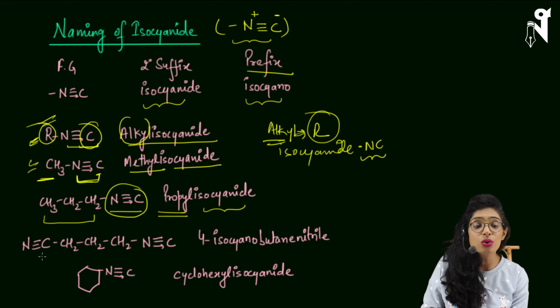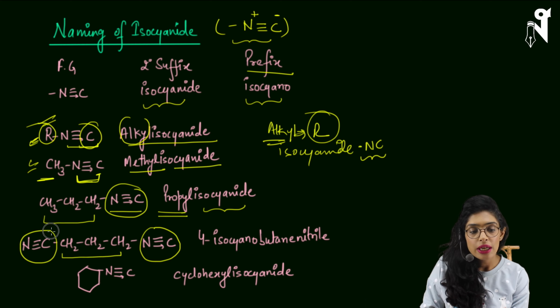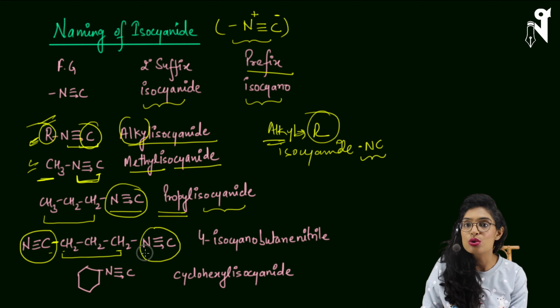I have two groups over here. Now look at this example very carefully. I have taken the three-membered carbon chain. At one end, it is connected to N triple bond C, and at the other end it is connected to C triple bond N. So don't get confused over here. Here the linkage is between carbon and carbon, and here the linkage is between carbon and nitrogen.